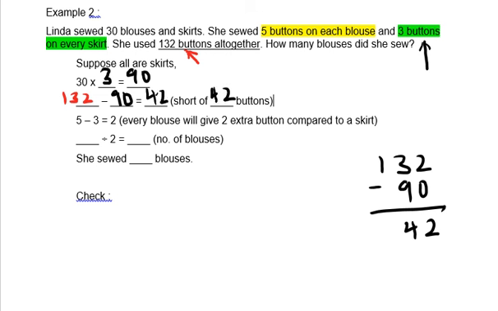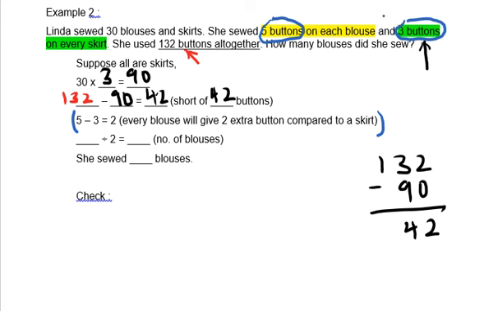The next step is something that I need you all to take note of. Now we are assuming that all of them are skirts. But if I were to change some of them into blouses, you do know that we cannot change by plus 5. We have to plus 2, because one blouse has 5 buttons and one skirt has 3 buttons.